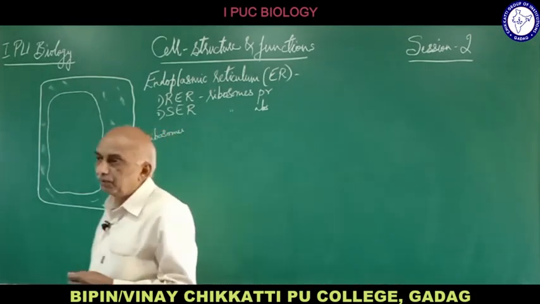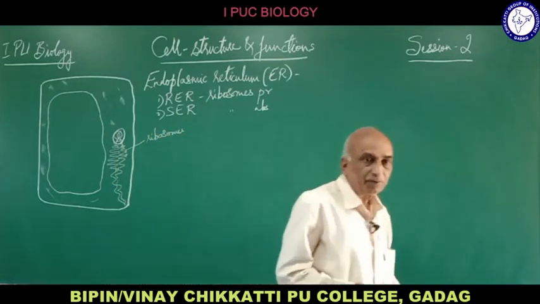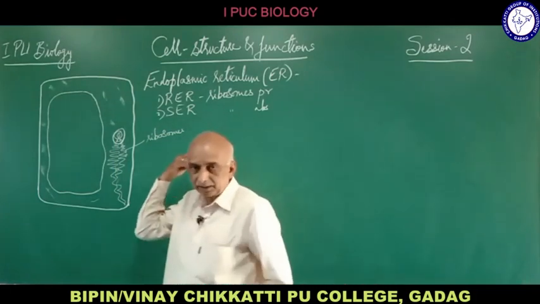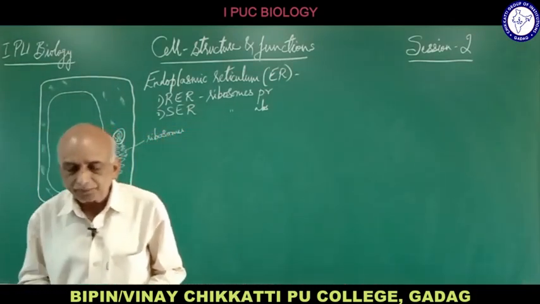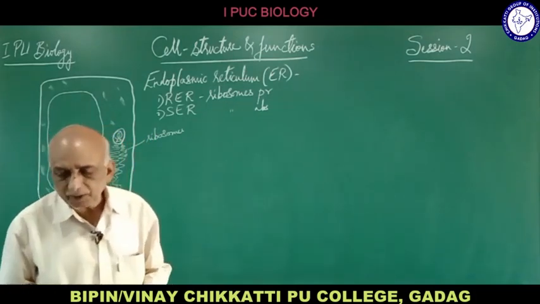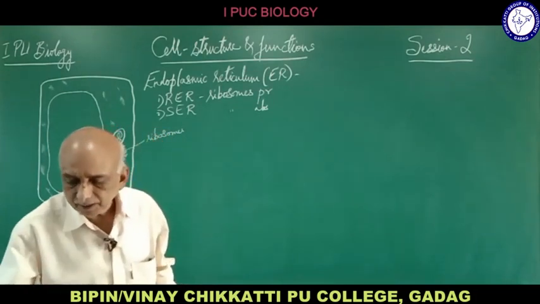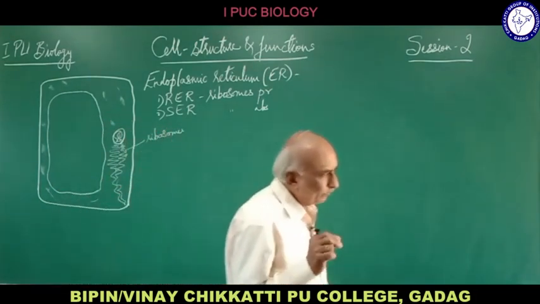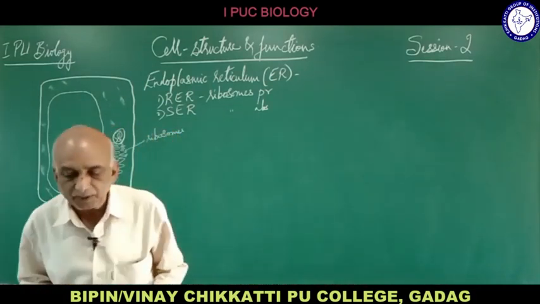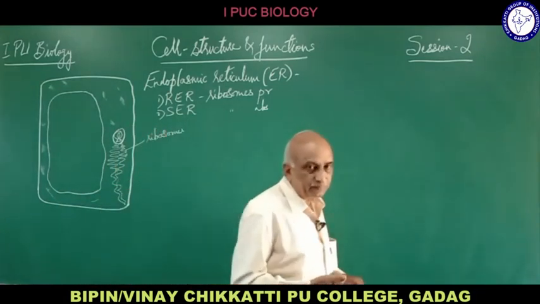That is why the rough endoplasmic reticulum is associated with ribosomes, and its function involves the transportation or storage of proteins. So rough endoplasmic reticulum is involved in protein synthesis, and those proteins are provided to the necessary parts of the cell.